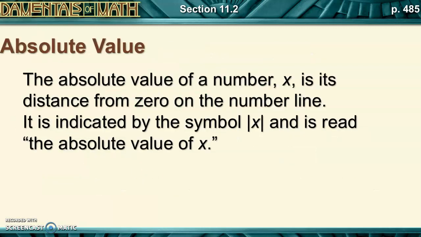If we're going to speak about absolute value, the absolute value of a number x, where x can be any number, is its distance from 0 on the number line.